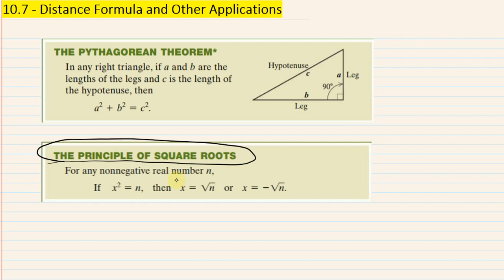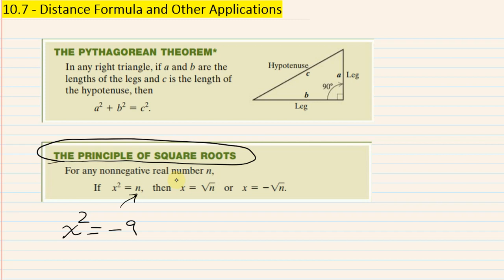Now the principle of square roots goes like this. If x squared is equal to n, and of course this n has to be non-negative. For example, if I have x squared equals -9, I cannot square a number and get -9, not a real number.